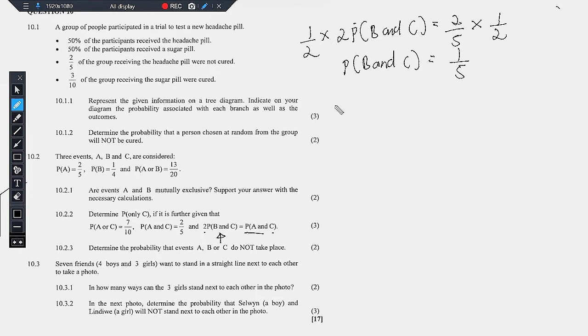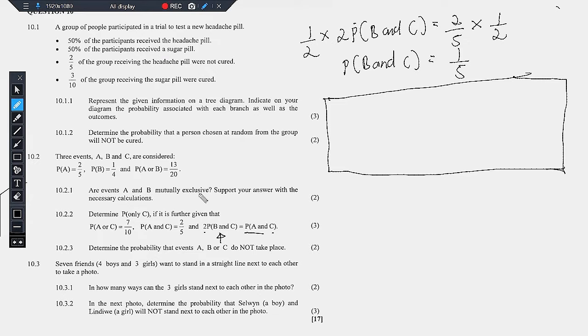Then from here, let's try to draw and see what's going on. So looking at this, we can see that both events A and C are mutually connected to C. Because we can see A and C is 2 over 5, B and C is 1 over 5.